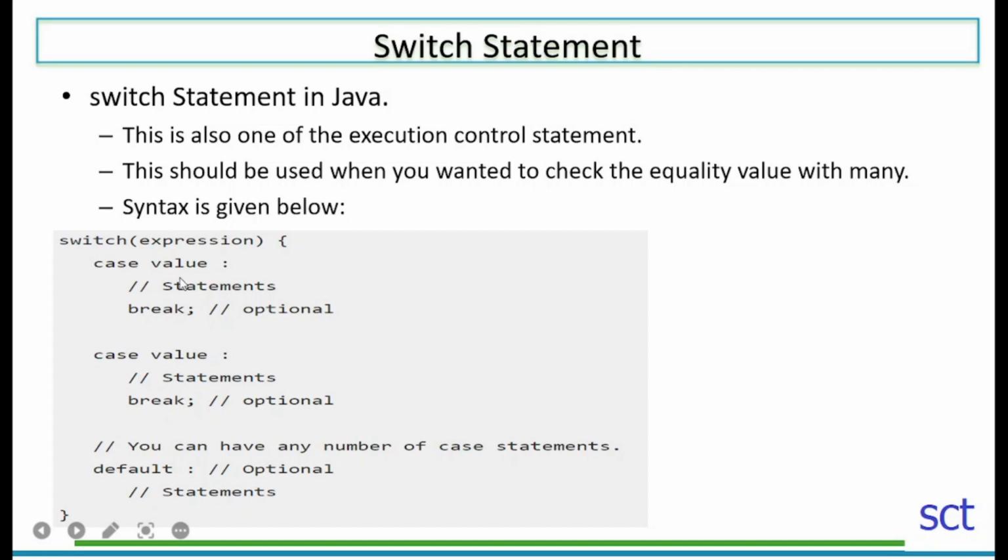The reason why we are putting this break is, suppose the variable is not equal to this value, then it goes to the second case, then to the third case. In case the value is satisfied in the first case itself, it will continue with the second case, third case, fourth case, like that. If you don't want to do that, you can just break and come out of that.